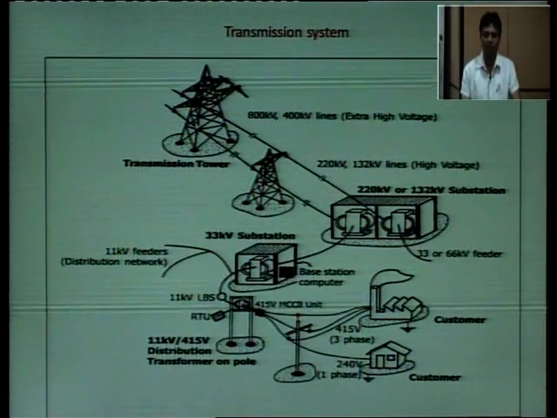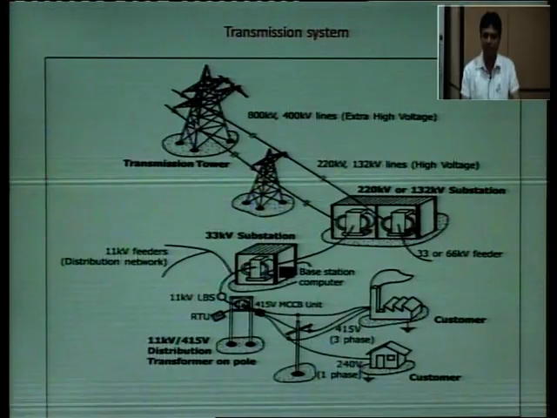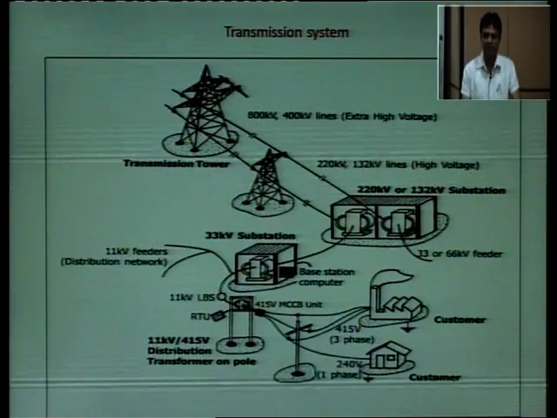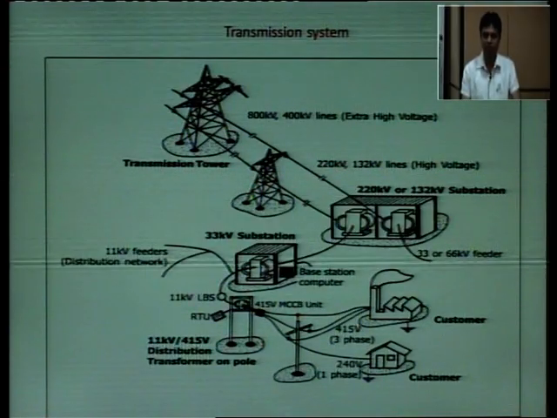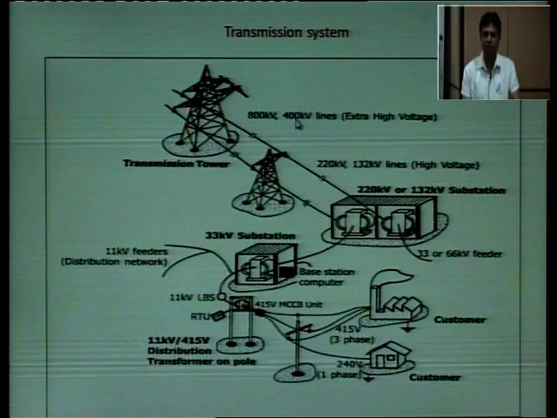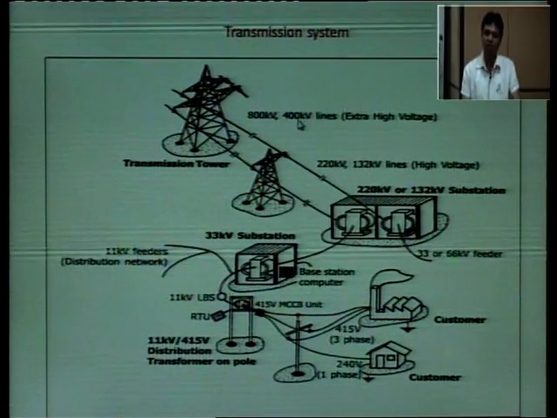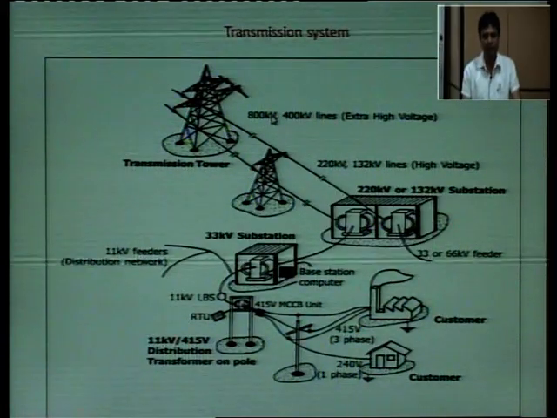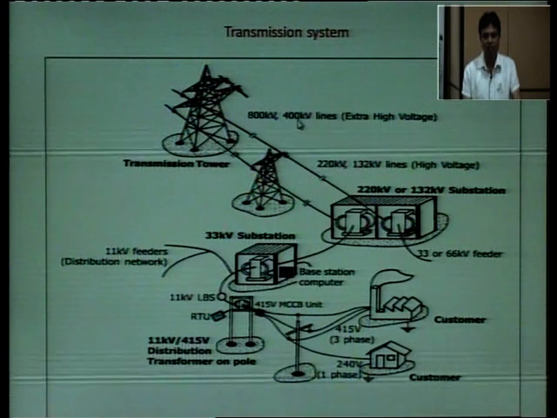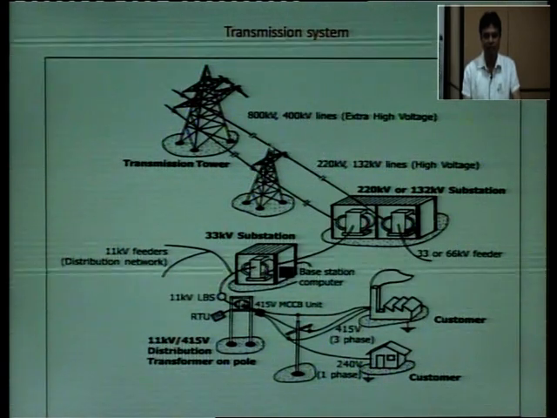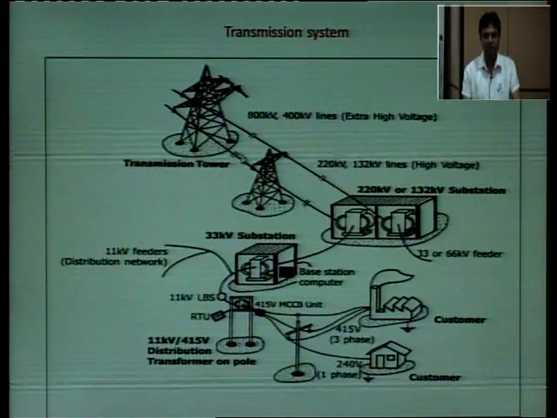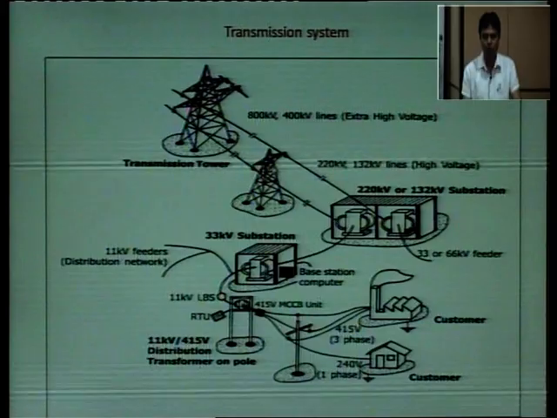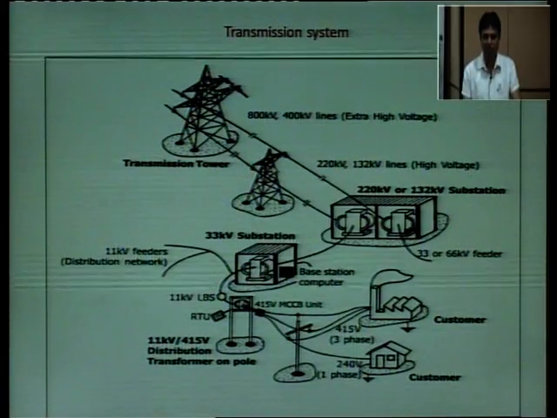In India, first electricity is generated at powerhouses, then 11 kV is stepped up to 400 kV or 800 kV. Then this 400 kV is stepped down to 220 kV or 132 kV lines.